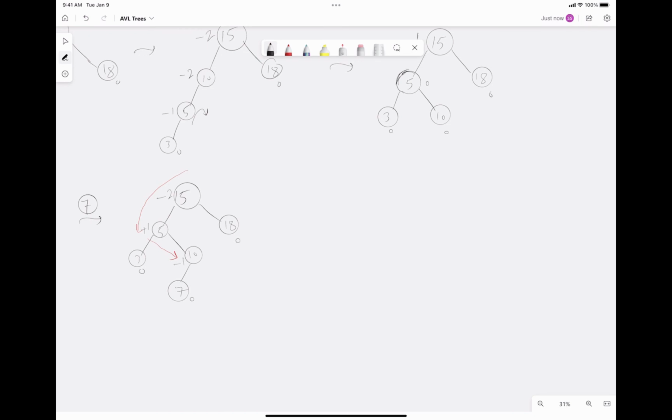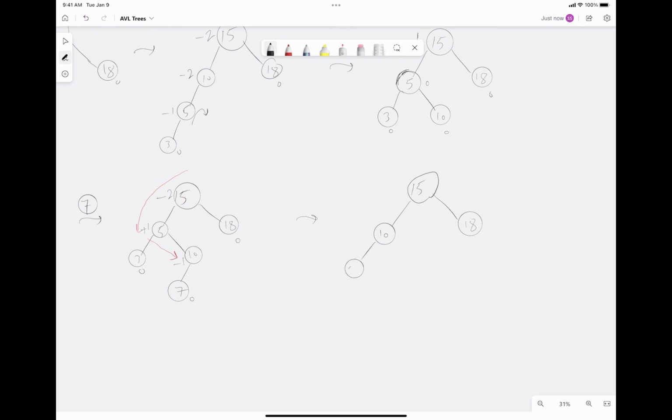So that's going to happen. Okay. So here is going to be the node 15, and then there is no change here for the node 18, but there is for the node 5. Because we're going to do the rotation around the node 5, 10 will be the parent of the 5. 10 was the right child of the 5, and now 5 is going to be its left child.